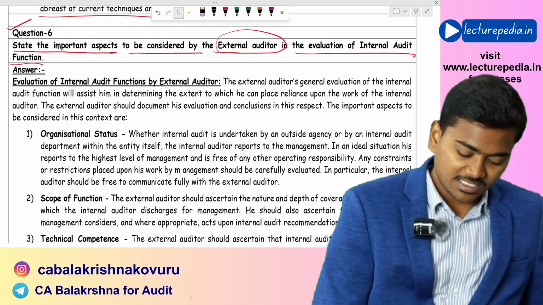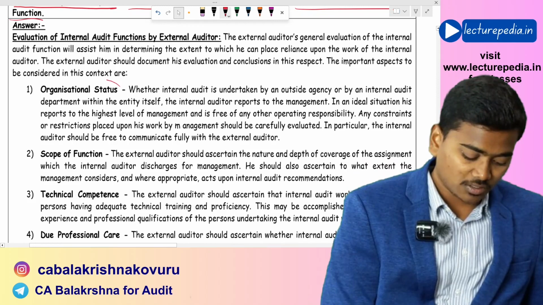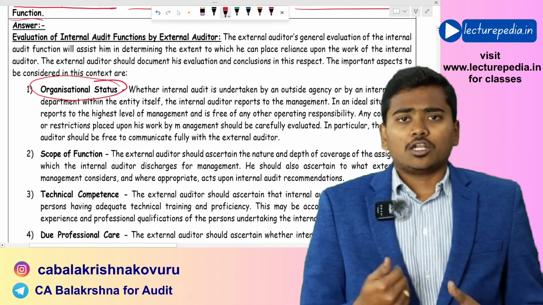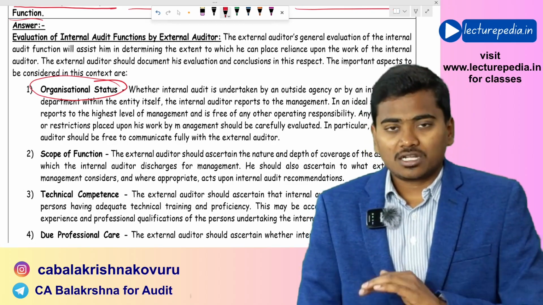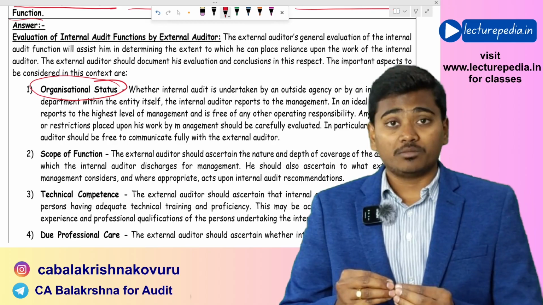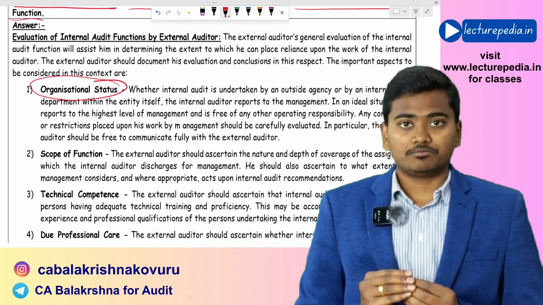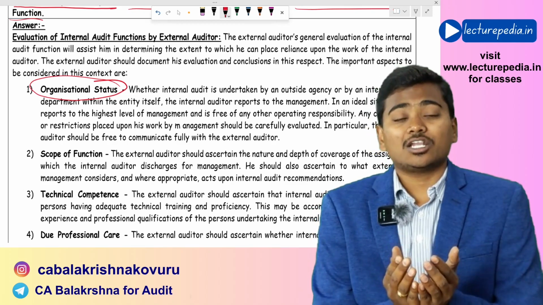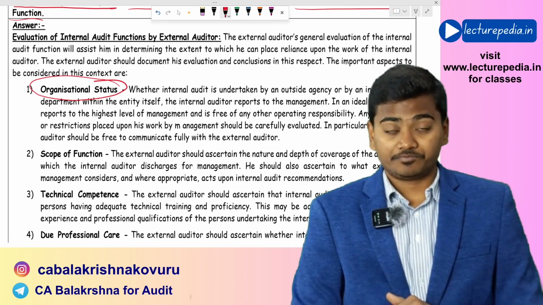First of all, he will see the organizational status of the internal auditor, whether the internal auditor is an employee of the organization or some third party, and to whom the internal auditor reports, how serious the organization is about the internal audit function within the entity.